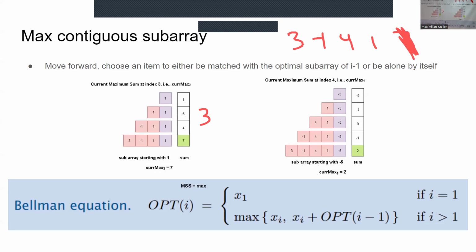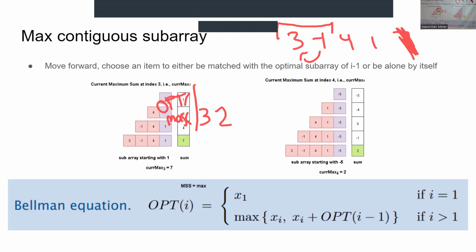For this -1, this is going to be our opt table here. We can either just take this -1, or we can take this -1 plus the optimal value of the previous index, which is saying, let me take this value in conjunction with everything I took in the previous index. So here that would be 2.